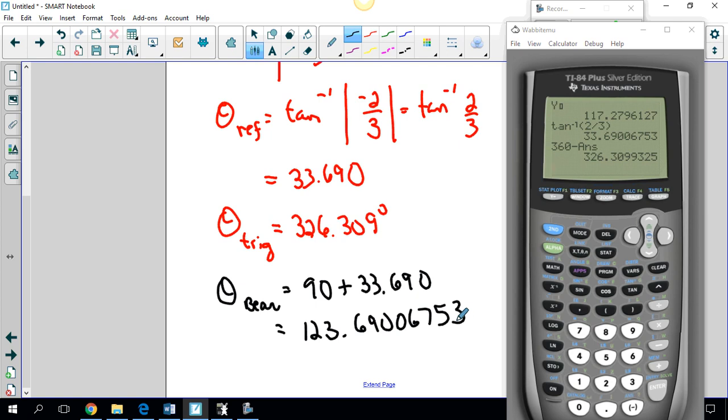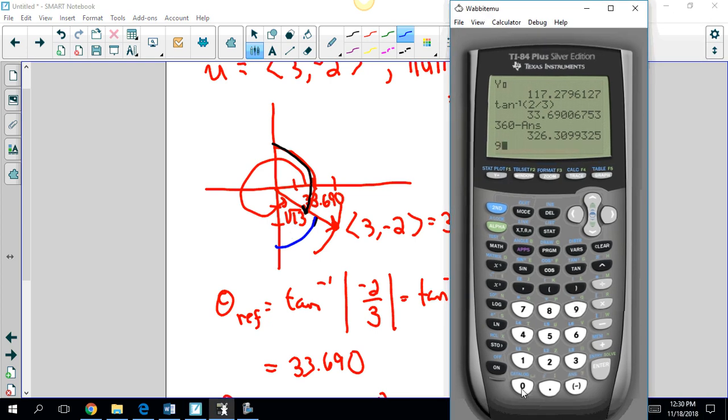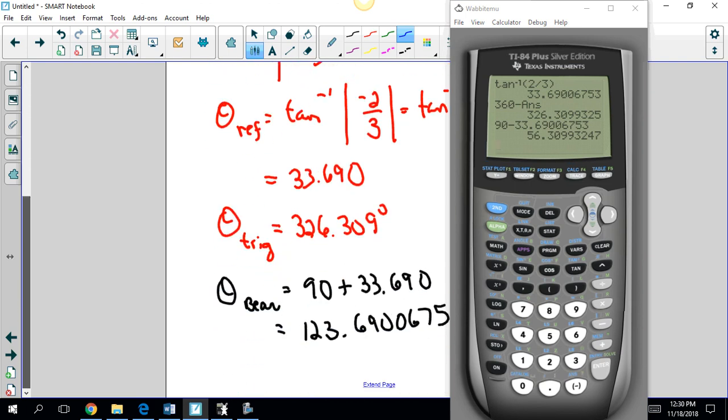You can do weird things like calculate this angle here. So 90 minus that, and I get 56 point 309.